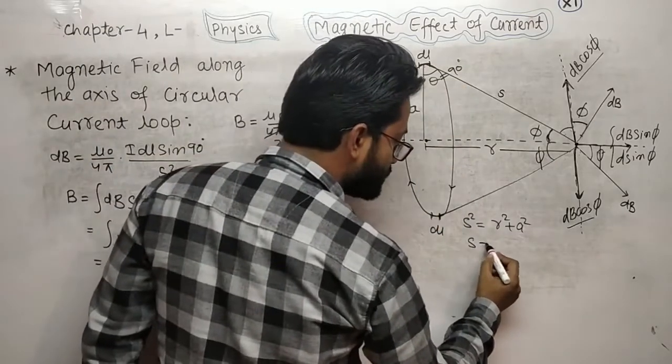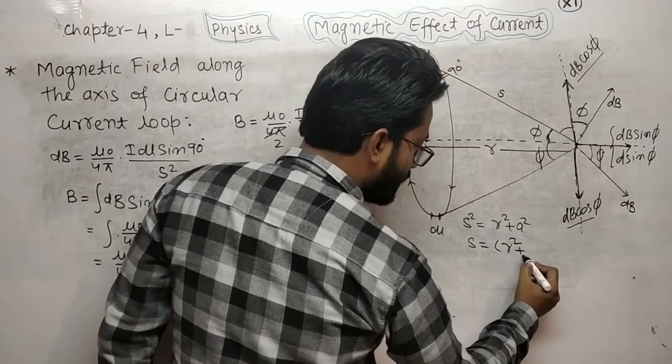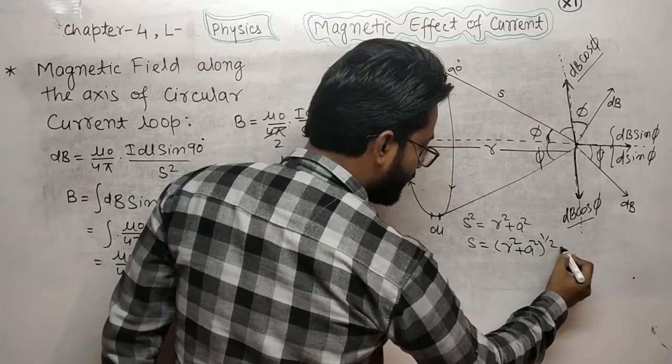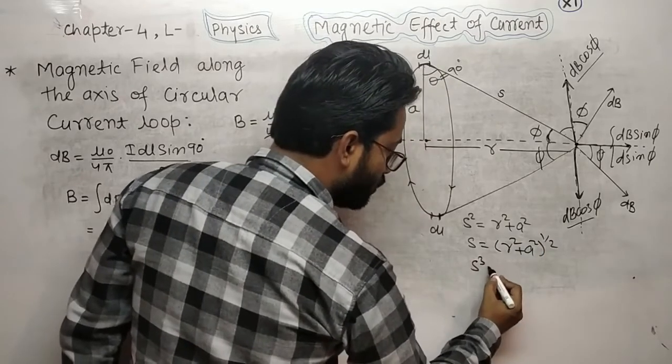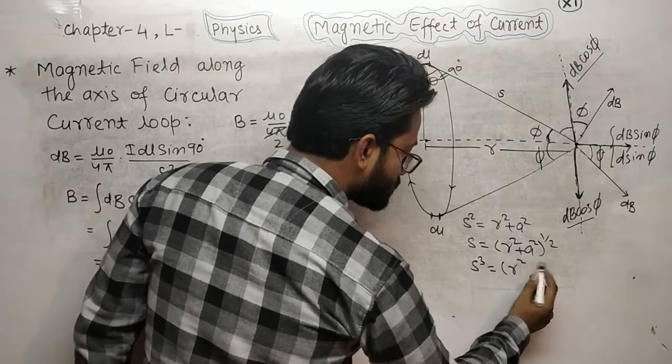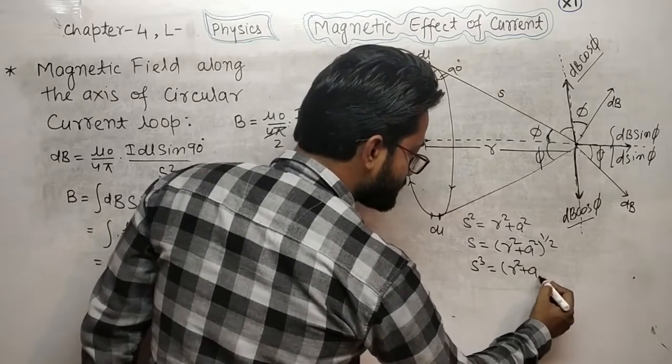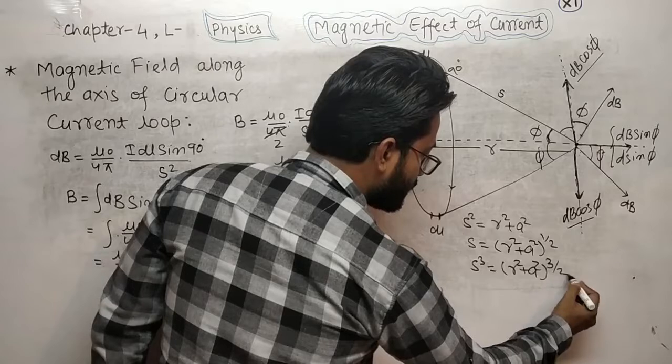In place of s you can write r square plus a square to the power 1 by 2, and s cube you can write r square plus a square to the power 3 by 2.